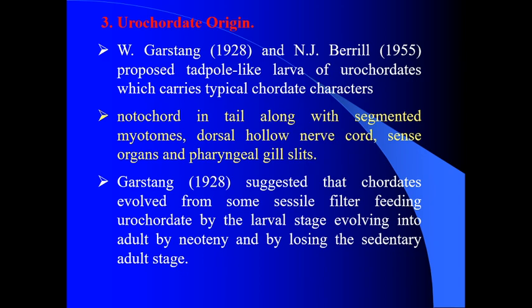Garstang in 1920 suggested that these chordates evolved from the Urochordata by neoteny, that means the young one developed from the larva and, losing its organs, becomes an adult. This theory is called the Urochordate origin theory of the chordates.